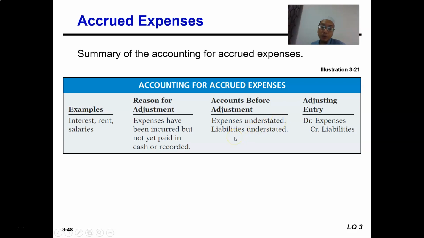We have also understated our liability because we actually have somebody to pay, but we have not paid it, so our liabilities are not showing the true picture. To adjust for this inaccuracy, we debit our expense in order to increase it, and we credit our liabilities in order to increase it.